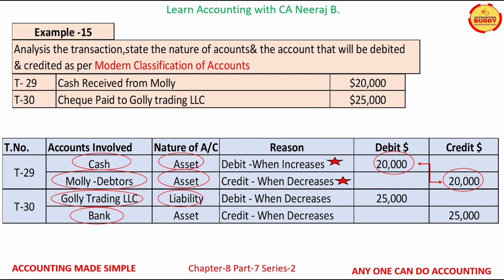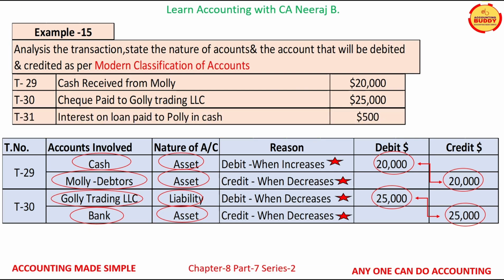The rule for debiting liability account is debit the liability account when it decreases. Bank account is an asset account, and the rule for crediting an asset account is credit assets when it decreases. Therefore, this transaction is recorded for $25,000 by debiting Goli Trading Creditors account and crediting bank account.